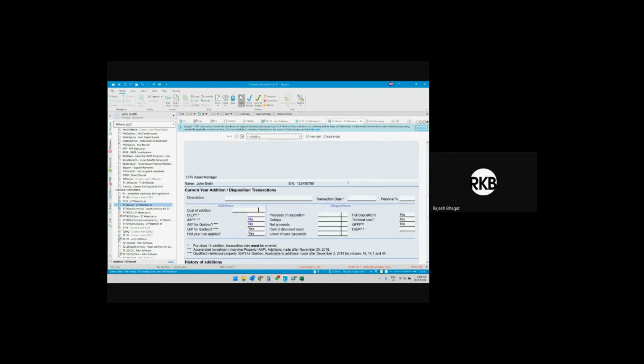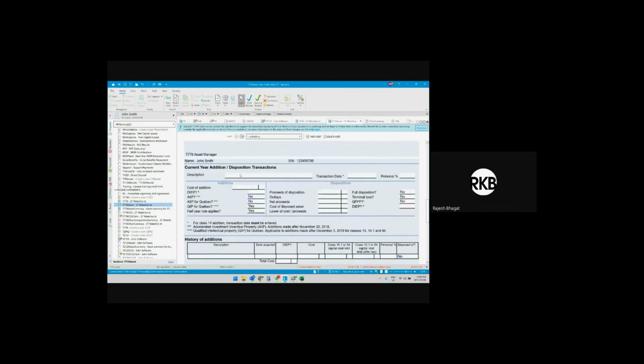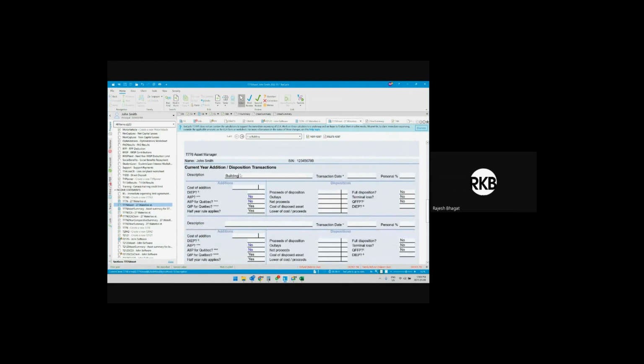I know it is at the bottom, current year addition: building, transaction date 2022-01-01, percentage 100%, cost of addition $845,000. And when you sell your house, then you can put in the amount of proceeds of disposition, and the system will automatically calculate the capital gain.